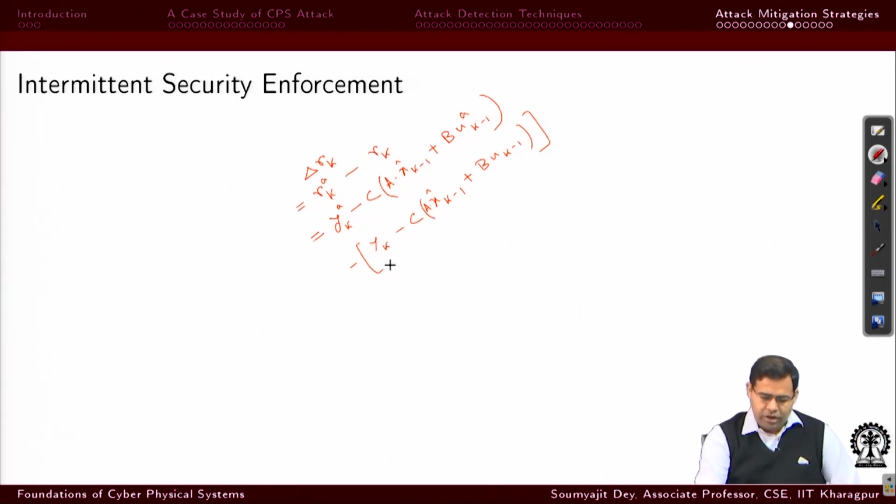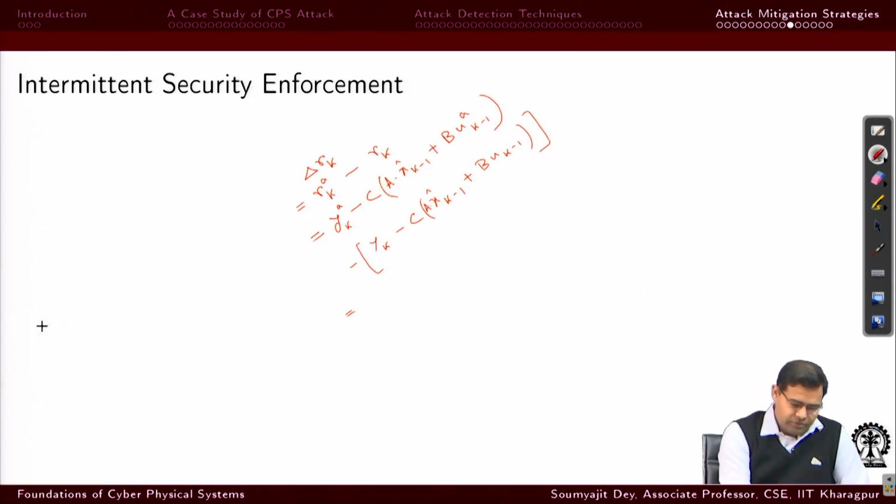So we see that we have y a k and y k here. Now, let's try to write them in terms of the states. So, if you recall, we had this from our discussion in the previous lecture.